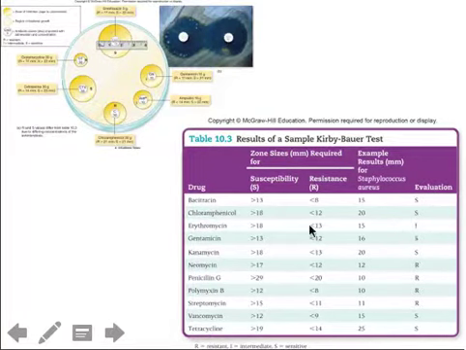So you can see here a whole host of antibiotics used in a Kirby-Bauer, and the most effective are going to be the ones that have the S by them, okay, S for susceptible.